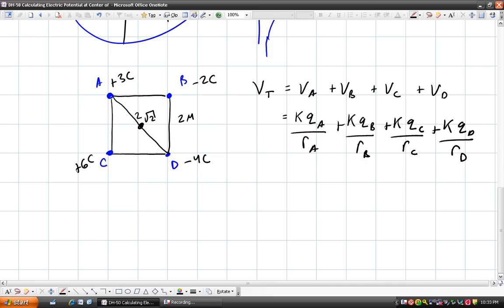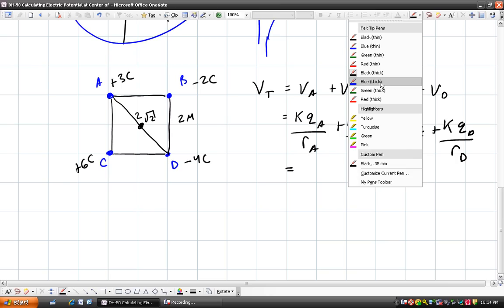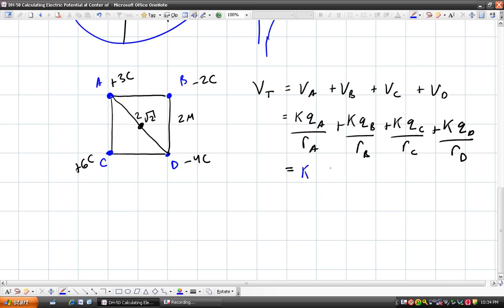Aren't they all the same distance? And they certainly are. That distance we've discussed is square root of 2. So I can rewrite this by pulling out the K, because all of these have a K, and that distance for all of them is square root of 2 meters, times QA plus QB plus QC plus QD.